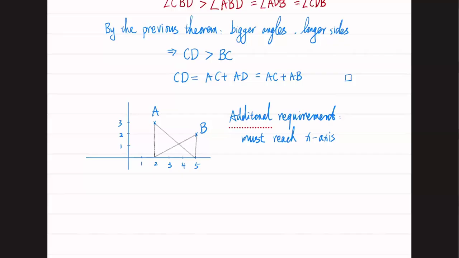Could you repeat the question? Okay, how could we move from A to B while reaching the x-axis? You could go down to 2 and then to B. Okay, that's one choice. Other choices. You could go to 5 and then to B. Okay, that's the second one.